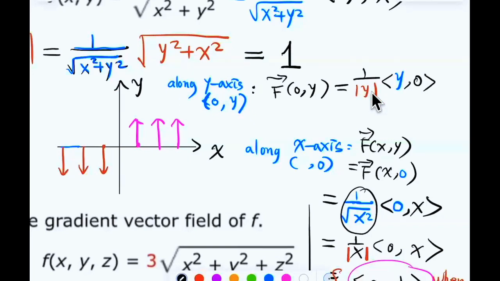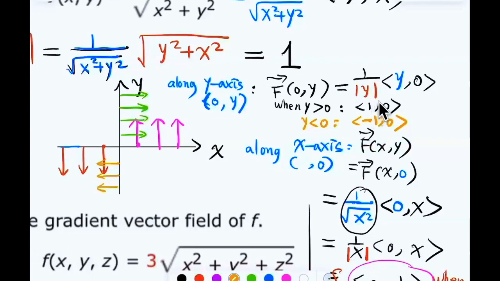Positive 1, right? So when y is greater than 0, this is going to be 1, 0. So you're going to have the vector pointing to the right, like this. When y is negative, what happens? Y less than 0, then you have negative 1, 0, right? They point to the left.